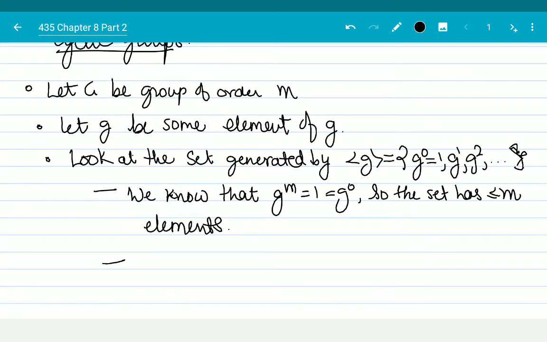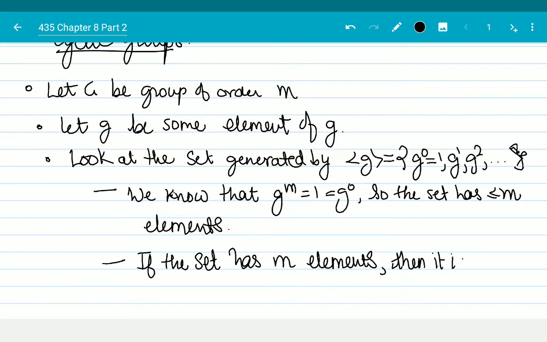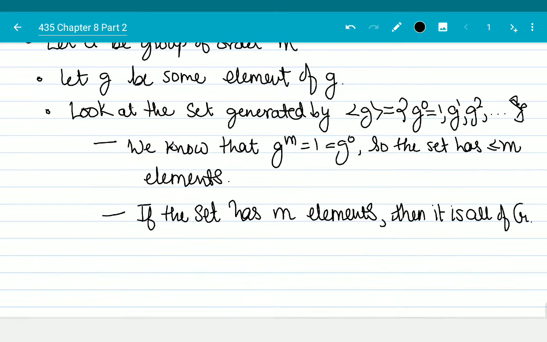In particular, if the set has exactly m elements, then it is all of G. In that case, we say that g is a generator of G.